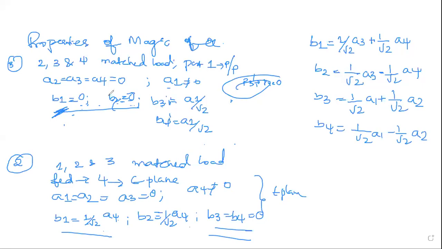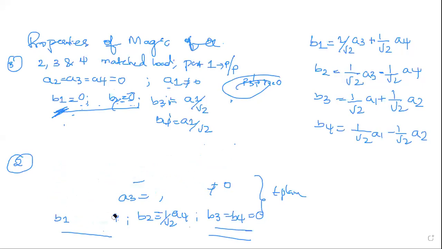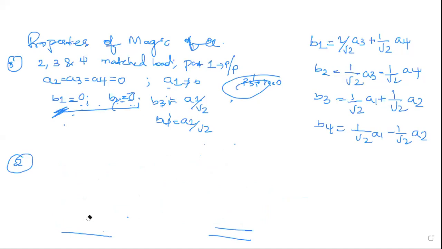Now next consider one more condition, which is you are giving the input to port 2 and you need to find out what is the output across the other ports. This is the fourth property.